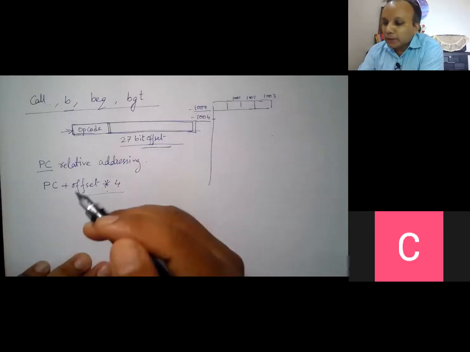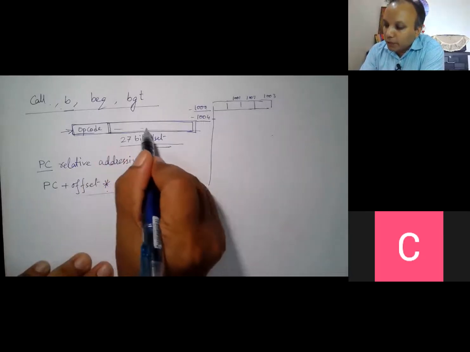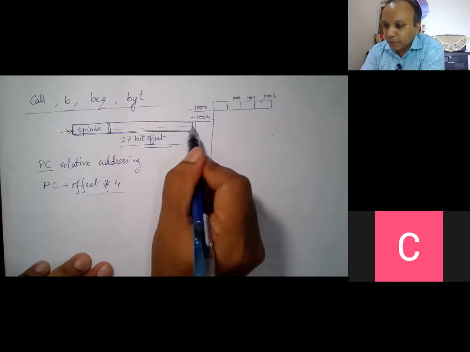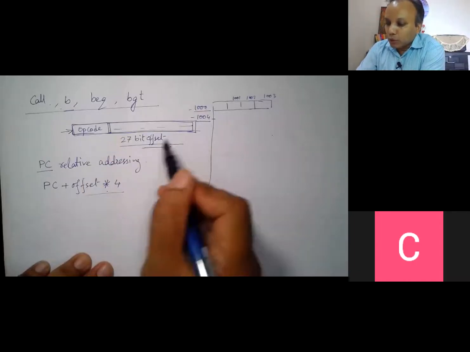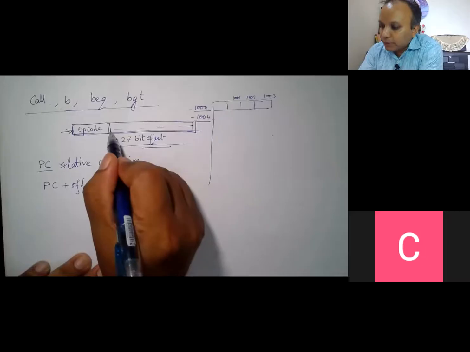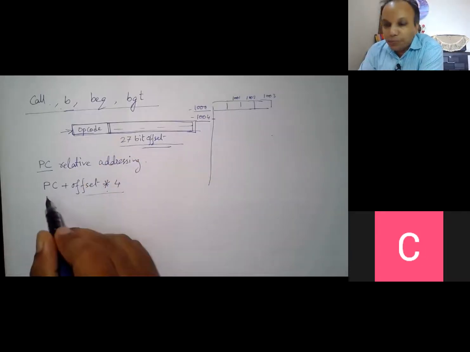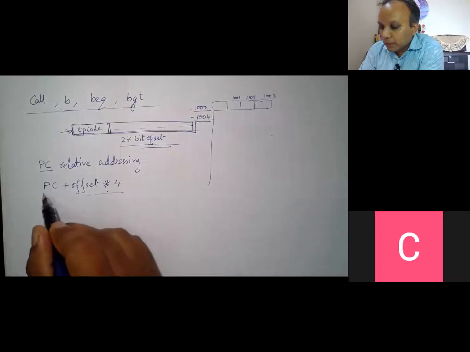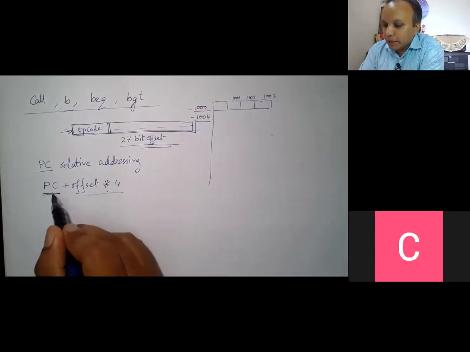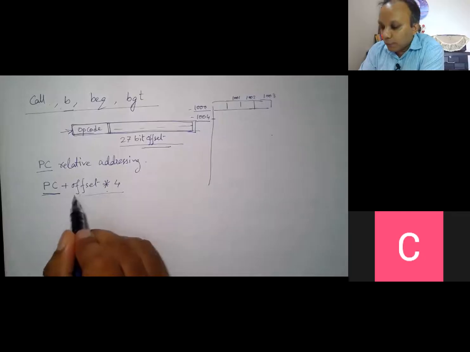Where is this denoted? By these 27 bits. This is a signed number. So with these 27 bits, how do I calculate the new address of my PC? That is done by adding this offset value to my current PC.